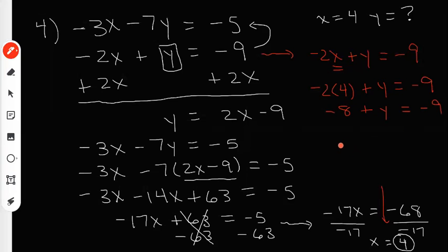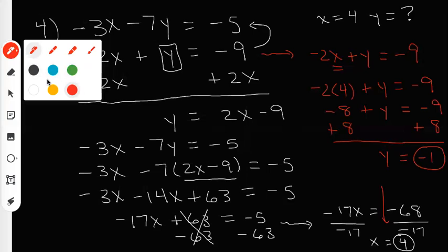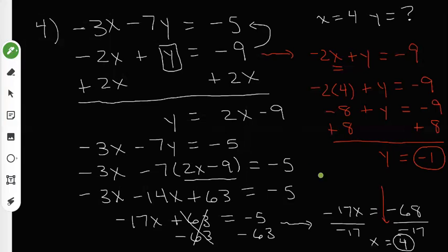Everything else stays the same. And now to get y by itself, I need to get rid of this negative 8 somehow. I would add 8 to both sides. And I get y equals negative 1. So now I've got a number for x. I've got a number for y. So I can write my ordered pair, putting x first and y second.